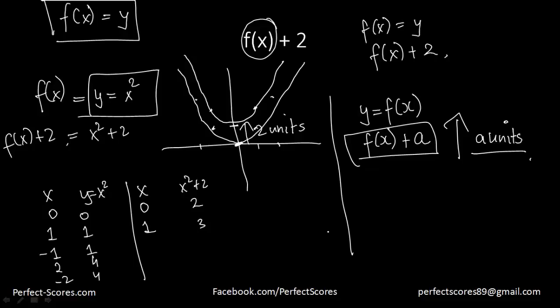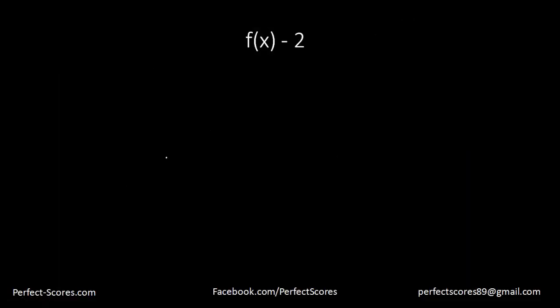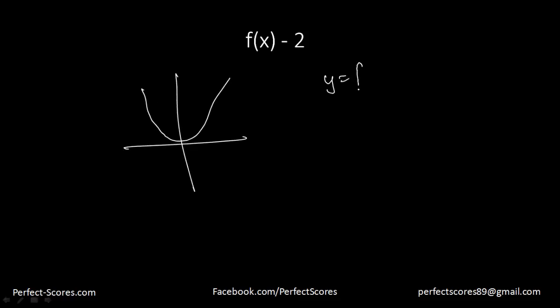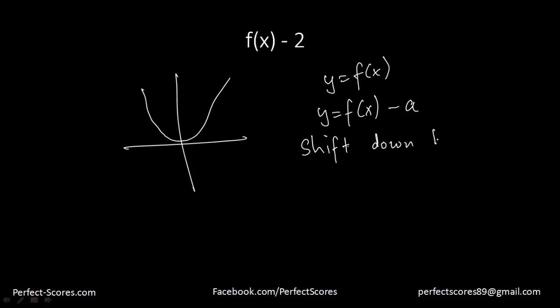Similarly, if I draw the same graph again and I say y is equal to f of x minus a, the graph is going to shift down by a units.